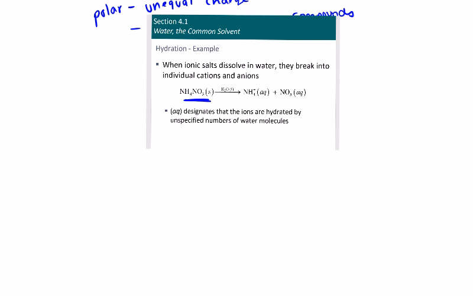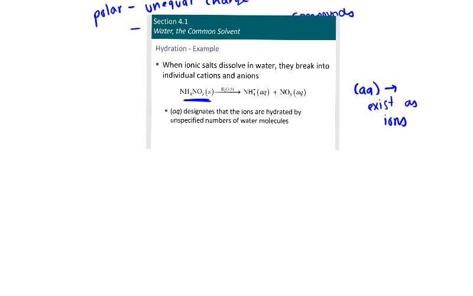It starts out as a solid, but because of the nature of the cations and anions, it's able to break apart into its ions when it's in solution. Anytime you see the symbol aq, aqueous, that means it's going to exist as ions.